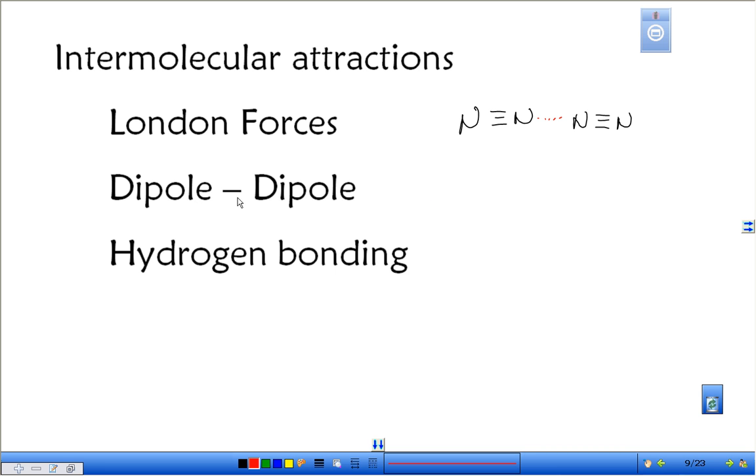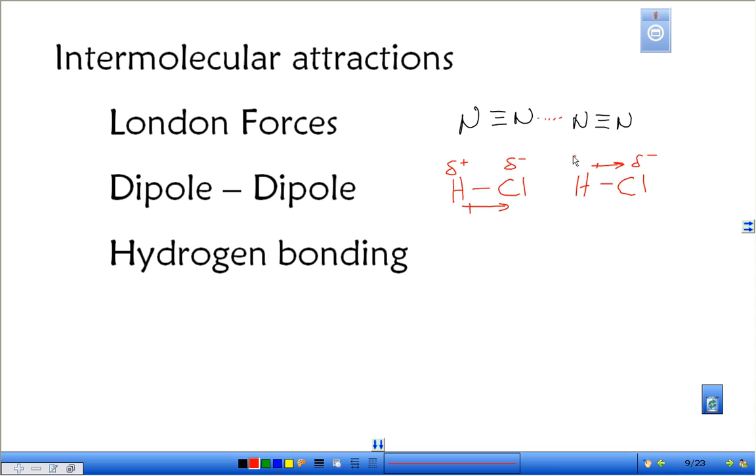The next one we have is a dipole-dipole, and a dipole-dipole attraction is something like a bond between hydrogen and chlorine. You get an electronegativity difference between these two. Electrons tend to move in that direction, making this slightly negative and this slightly positive. And we have another hydrogen chlorine, electrons moving again in that direction.